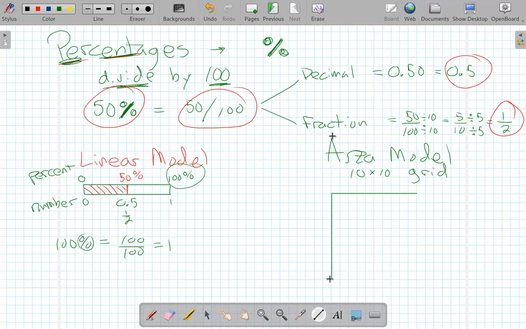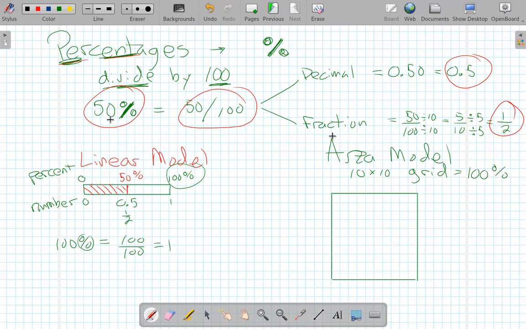All right, pretty sure I counted correctly there. We'll find out in a moment. So then I complete that 10 by 10 grid. So this grid right here, since 10 by 10 equals 100, then I can show any kind of percentage related to 100%. So I have 100 squares in this 10 by 10 grid.